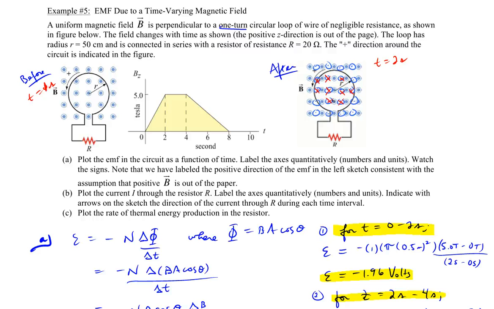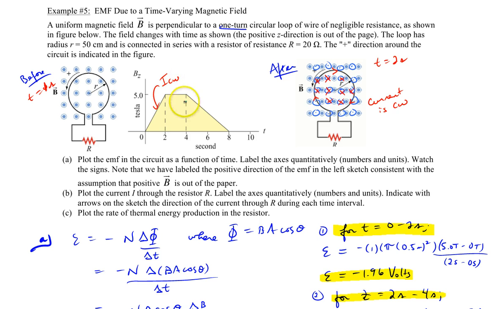So using the right hand rule, where your thumb points in towards the screen, your fingers will curl in this direction, which is the clockwise direction. So our current here is clockwise. So the current that we found from 0 to 2 seconds is a clockwise current.